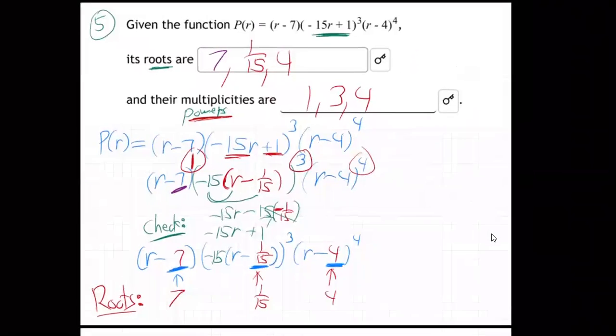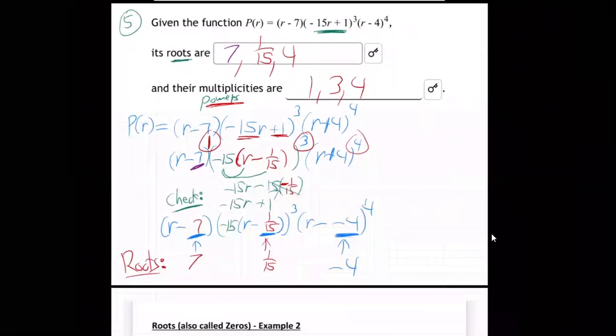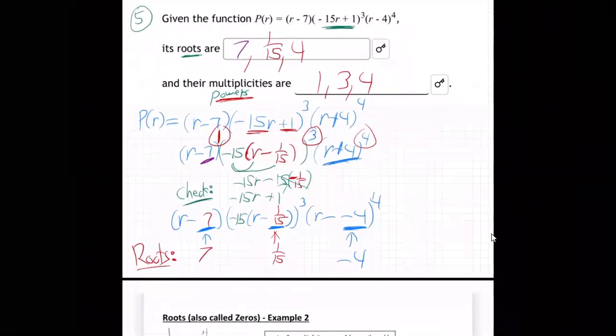Now, let me help. What if, let me do a what if. What if they had made this from the beginning +4? Well, then I would have to rewrite this as R minus a -4, wouldn't I? You see that? And my root would actually be -4.